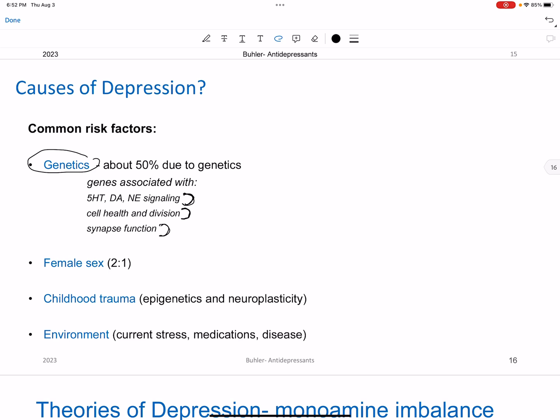We know that women are twice as likely to have depression. And when I say female sex here, we're talking XX chromosome. Childhood trauma has a huge effect on it. A lot of times back in the olden days, people thought that if you had trauma as a child, it just messed up your brain and you're neurotic or whatever. Now we're looking at that in a lot more detail and a lot more subtly.